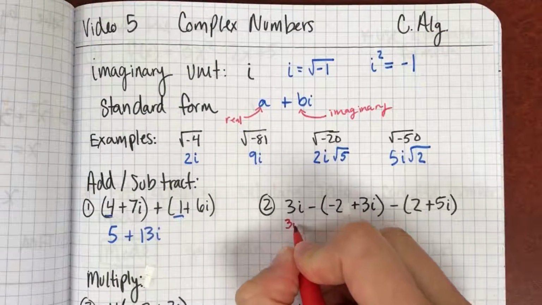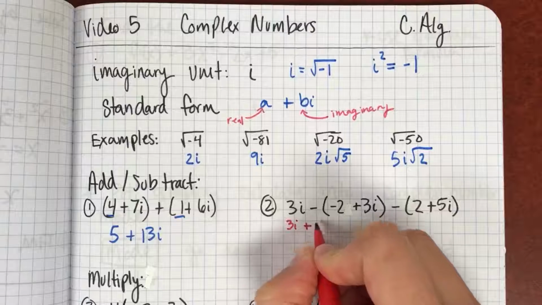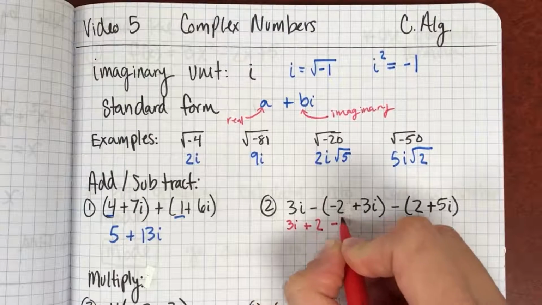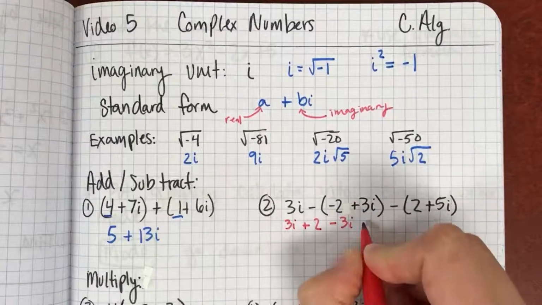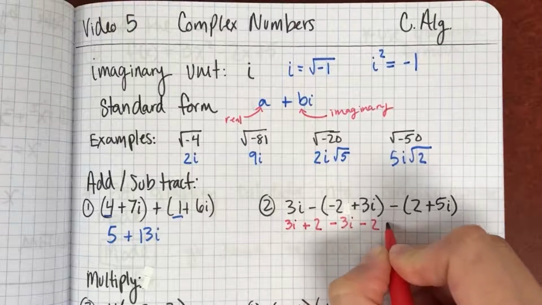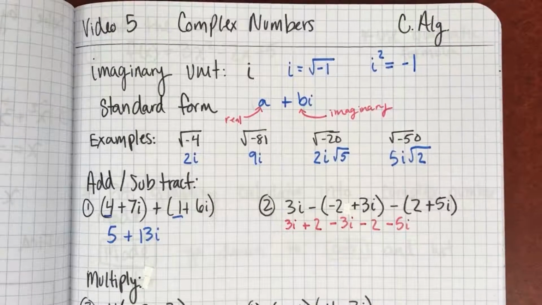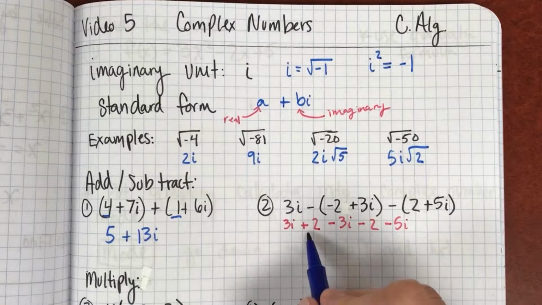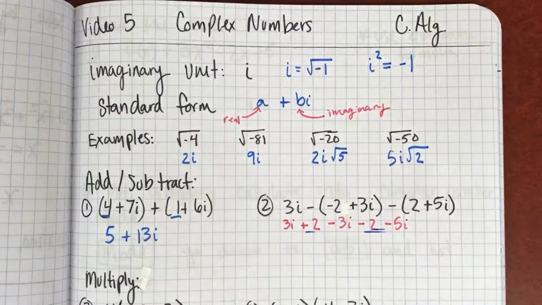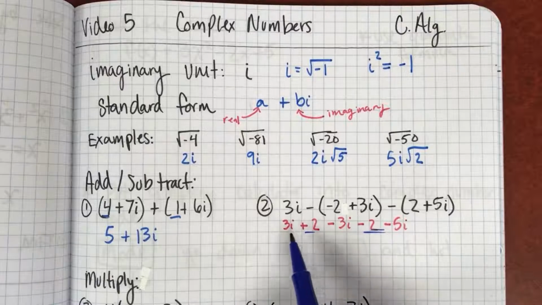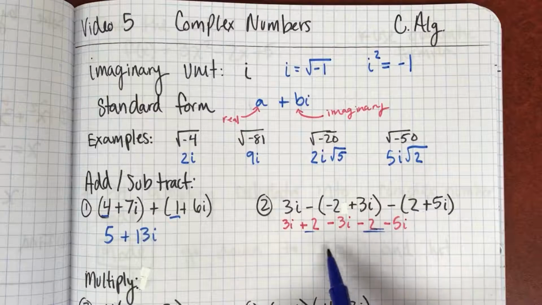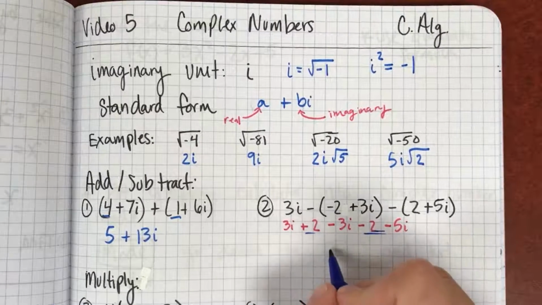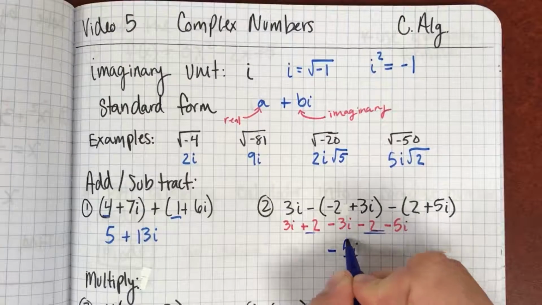So I've got 3i, this turns to plus 2, minus 3i, minus 2, and minus 5i. If we're looking at our real parts, those are going to cancel out. We've got a 3i, negative 3i, those cancel out. So we're just left with -5i.